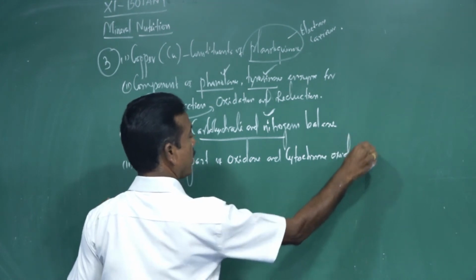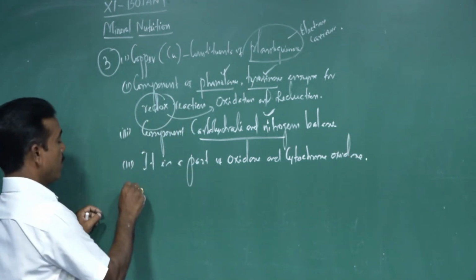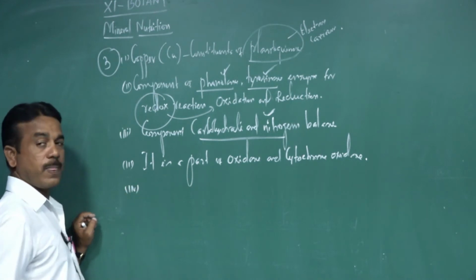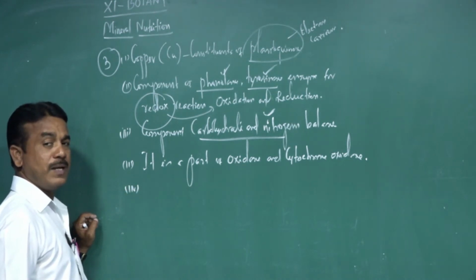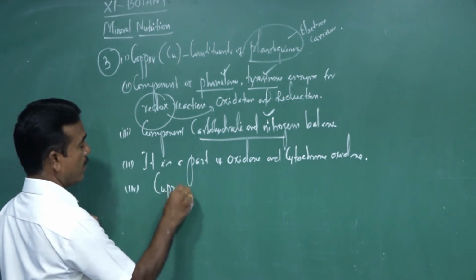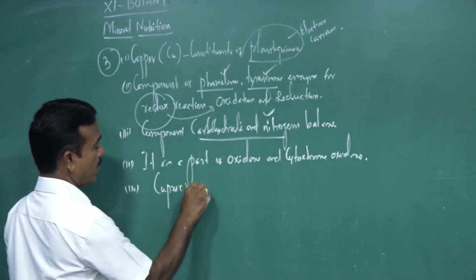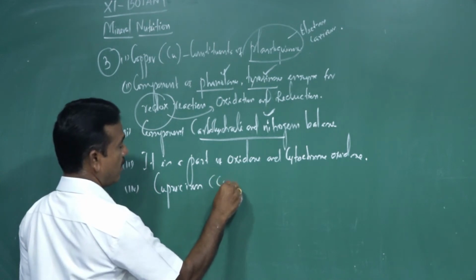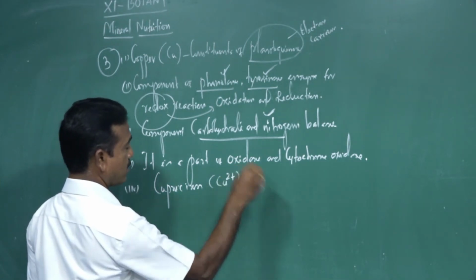In plants, copper is taken up in the form of cupric ions, commonly called Cu2+ ions.